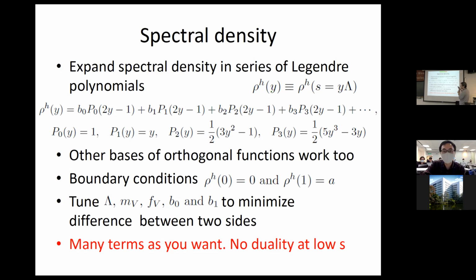So this unknown should be equal to this conservative expression at the separation scale. Then we tune the other parameters, like lambda and v, the mass, decay constant, and the coefficients of the polynomials, to minimize the difference between the two sides. In this way, we solve this inverse problem.